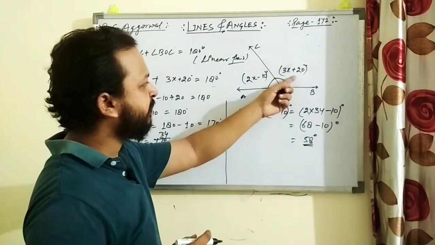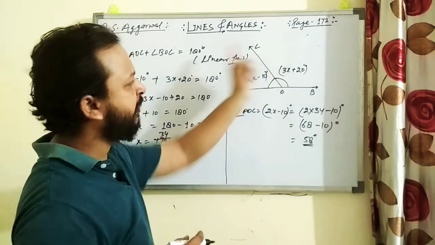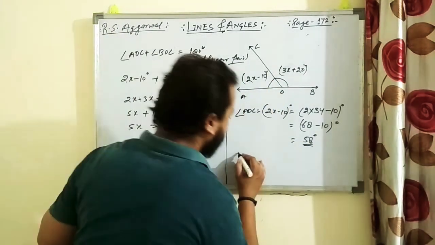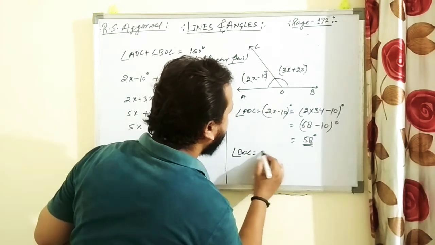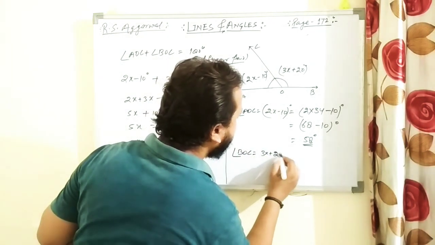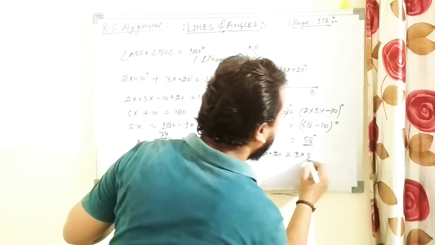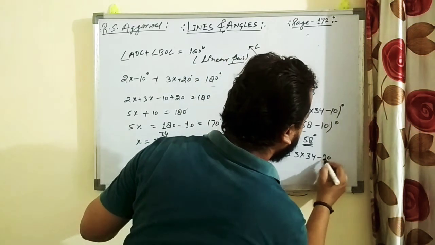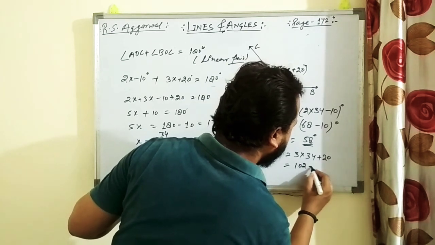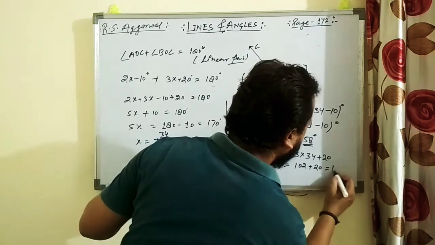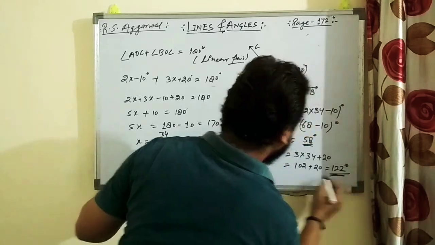Simply you can either subtract 58 from 180 degree, or you just put the value. BOC is equal to 3x plus 20, that is 3 into 34 plus 20. So this is 102 plus 20, that is equal to 122 degree.